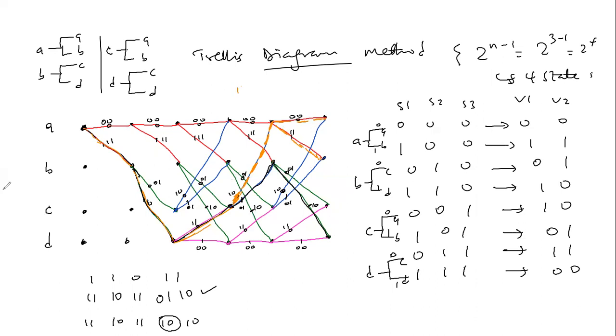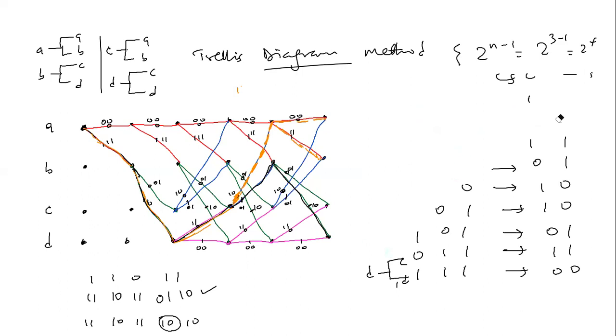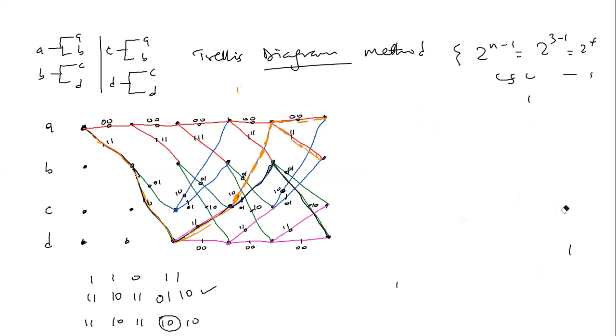Let's wipe this. Now, going by this part, we are going to have 1, 1, 1, 0, 1, 1. Then on this part, this is 1, 0.